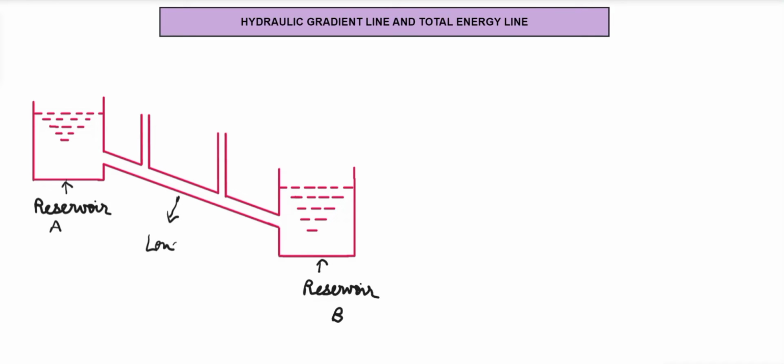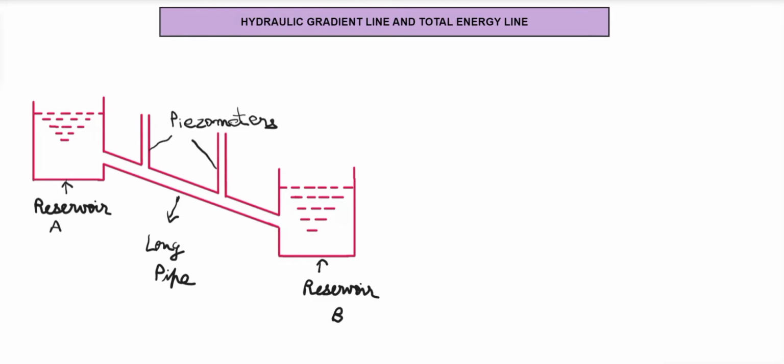This is my long pipe by which the reservoirs are connected. And here I have also placed piezometers at several distances. I'll just label this. These are my piezometers by which I can measure the head.